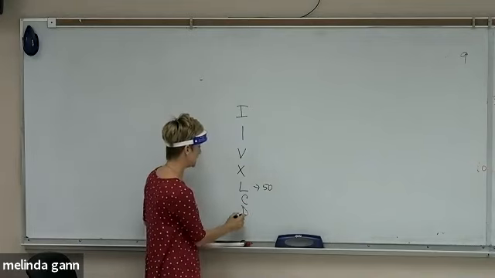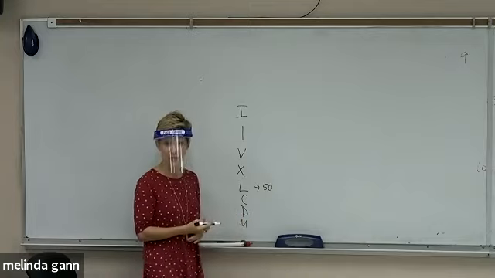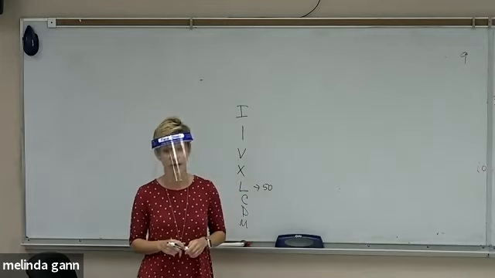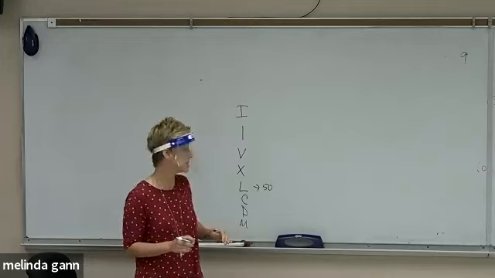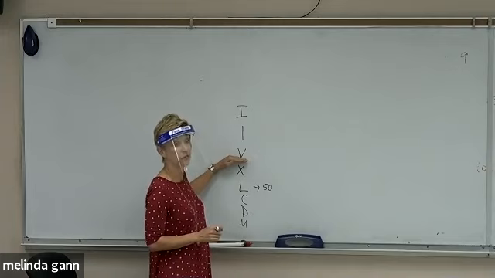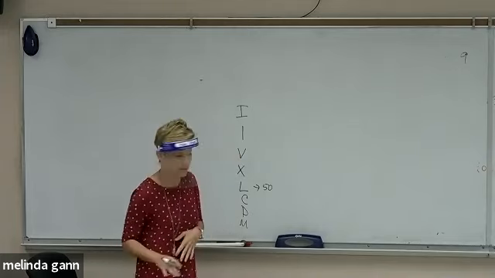What's a D? 500. What's an M? 1,000. Now, Roman numerals don't have place values. Wherever you see an M, what does it stand for? 1,000. No matter where that V is, what does it stand for? 5. So they're in your books on page 86.